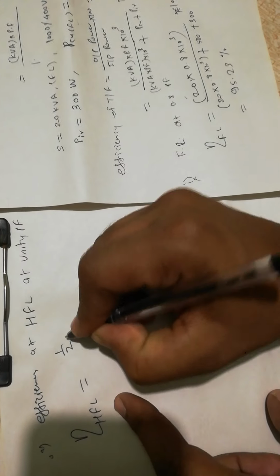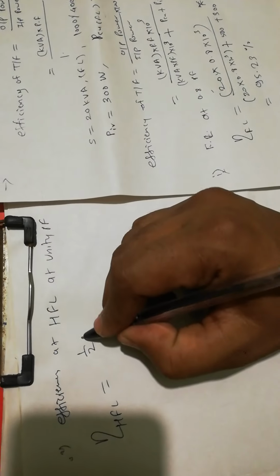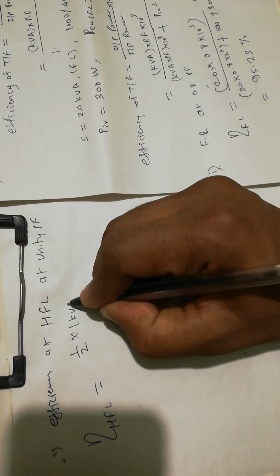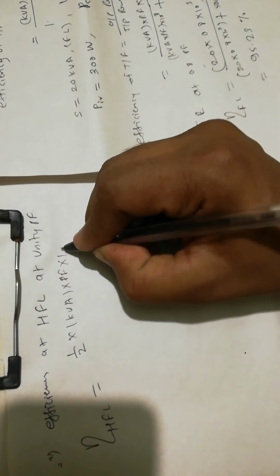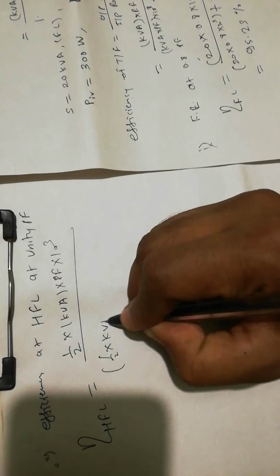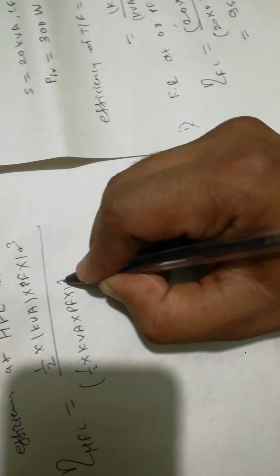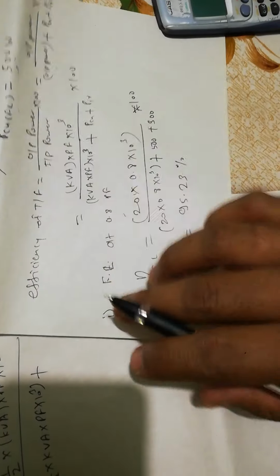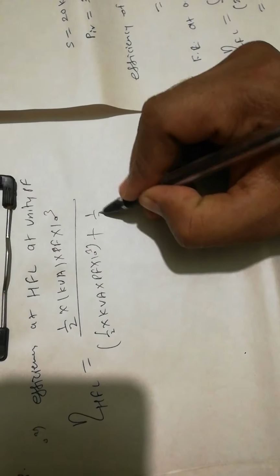Here it is 1 by 2 into kVA into power factor into 10 to the power 3, divided by the same output power, 1 by 2 into kVA into power factor into 10 to the power 3, plus the copper loss, which is also a variable loss, meaning this loss also varies as load changes. The load decreases to half, therefore 1 by 2.